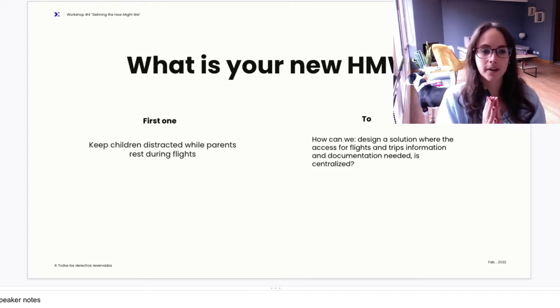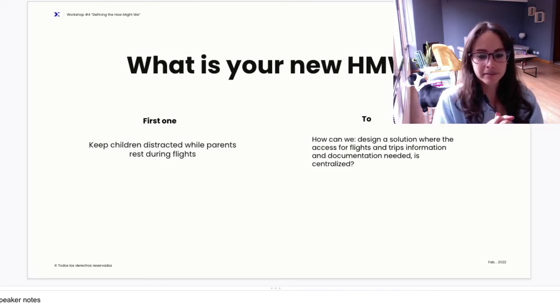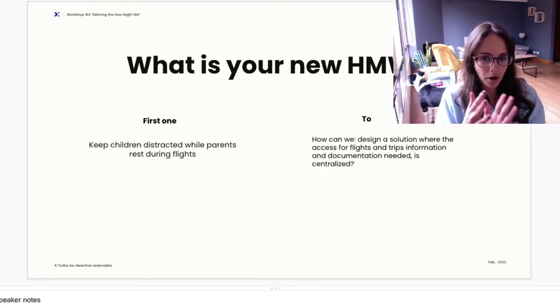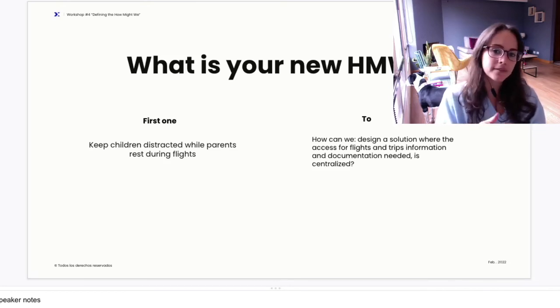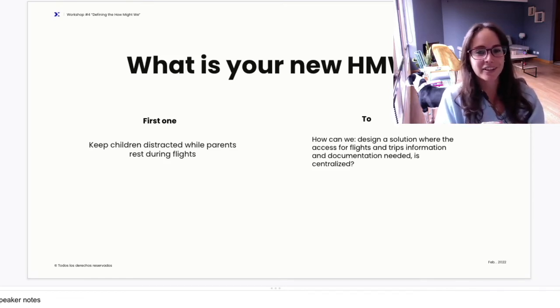That was a very important pain for these types of users, travelers in family. So we understood that our first idea, the market doesn't have this need, so we changed it to this centralized site where you can have all the information and documentation to just book your flights and trip.